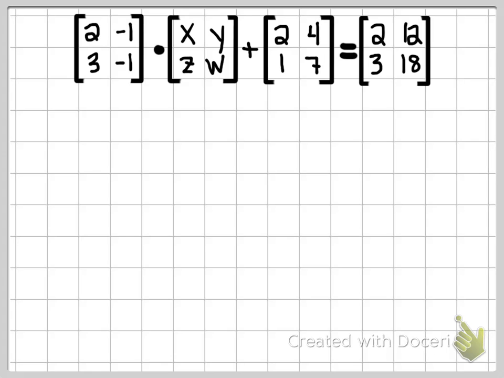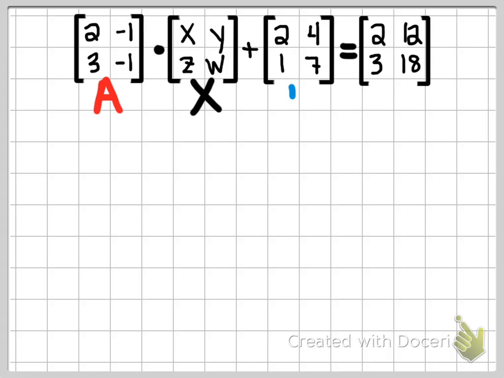But these quantities aren't just one value. What they are is a set of values, because a matrix is just a way to organize information. In this case, we're organizing numbers.